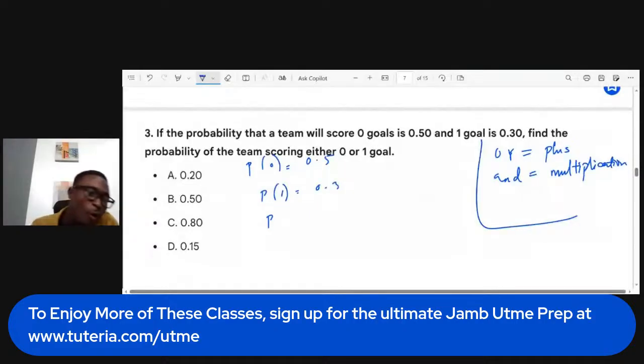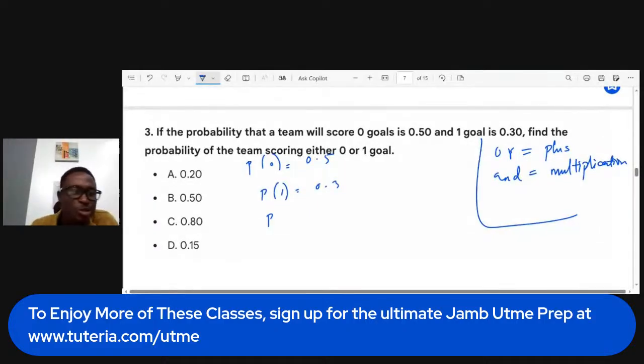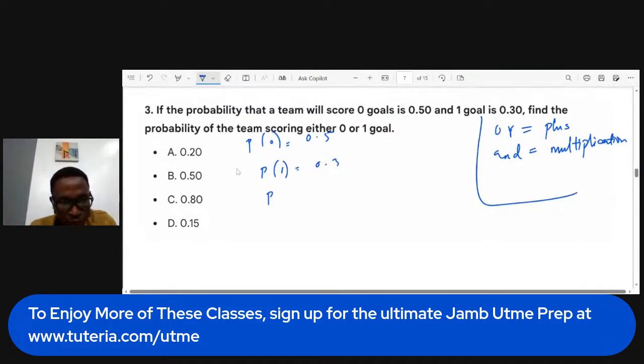So the question now says find the probability of the team scoring either 0 or 1. And this is a mutually exclusive event. So if one should happen, the other one cannot happen. So this is the last question we'll be solving. The probability of scoring 0 or 1 will give us 0 union 1. And that gives us 0.5 plus 0.3. Don't forget our formula up there.